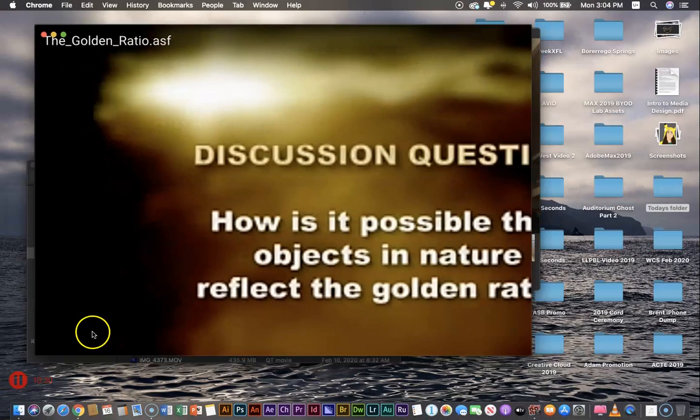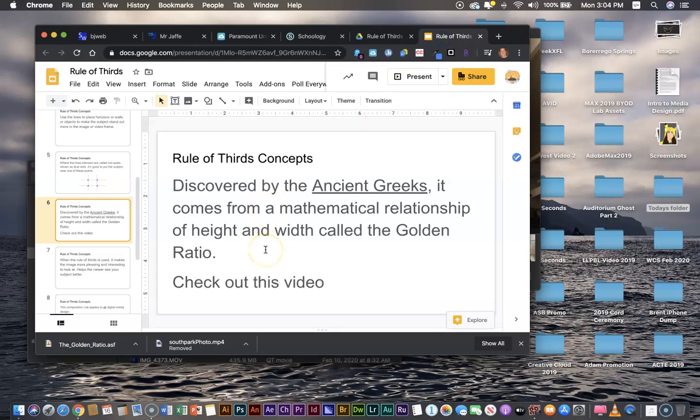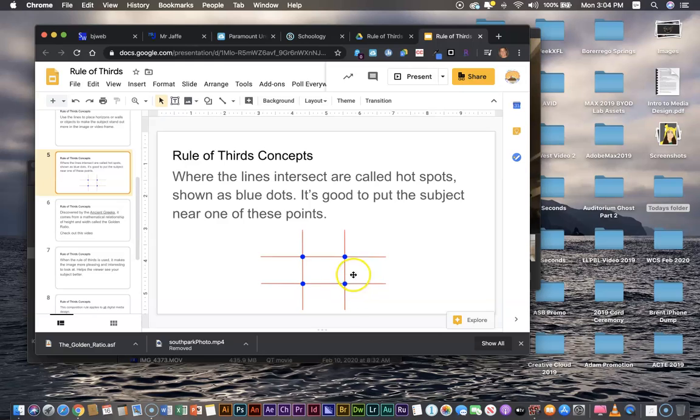All right. So that's where it comes from. Basically, they showed this bottom right corner as being the location of phi. And as we wrap around the golden rectangle, we would wind up in this spot.